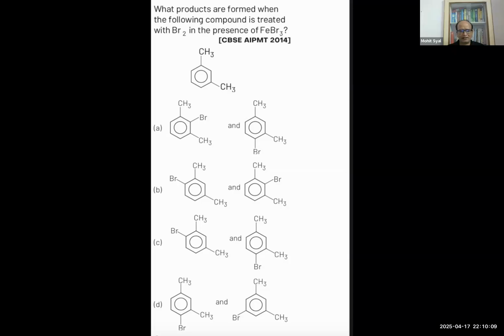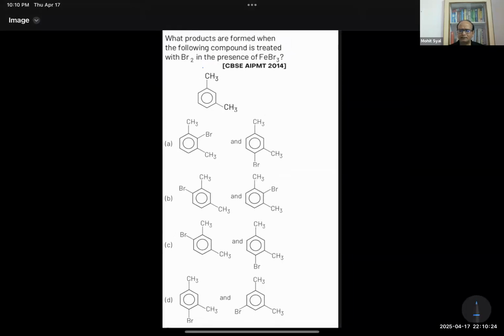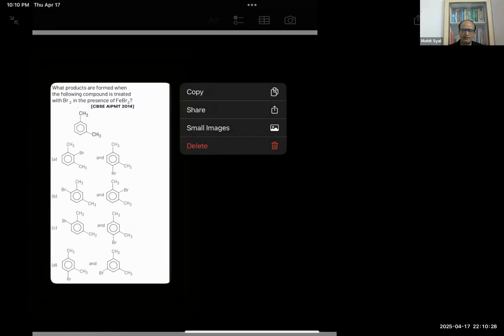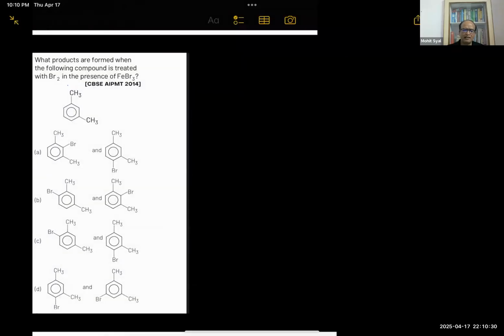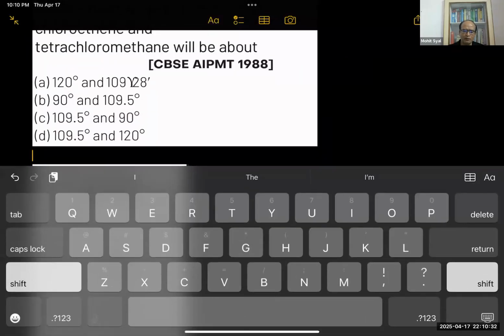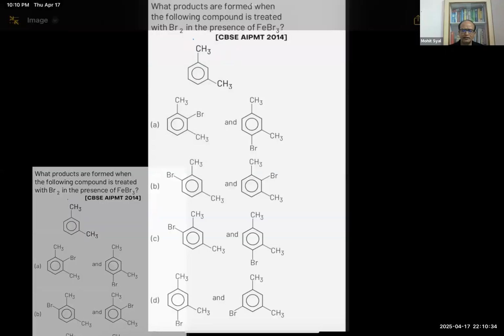Methyl is an ortho-para directing group. You can write: it increases the electron density at the ortho and para positions. Ortho positions are the positions adjacent to a group which is present.